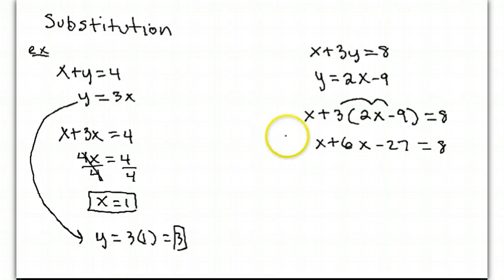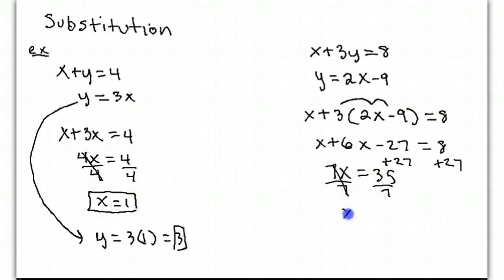To solve it, you add up x and 6x, and that gives you 7x. You have a minus 27, so to get that to the other side, you have to add 27 to both sides. When you add up 8 and 27, that gives you 35. So you have 7x is equal to 35. To solve for x, you divide both sides by 7, and you end up with x is equal to 5. So you got x.